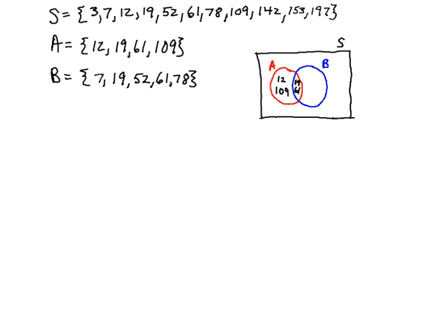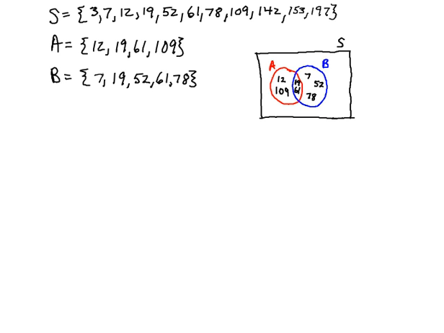So everything in the red circle are the values in A. Everything in the blue circle are the values in B. So other than 19 and 61, I would have 7, 52, and 78. So those are the values that are in B but not in A. 12 and 109 are values in A but not in B. And the intersection, or the elements that they have in common, are the 19 and 61.